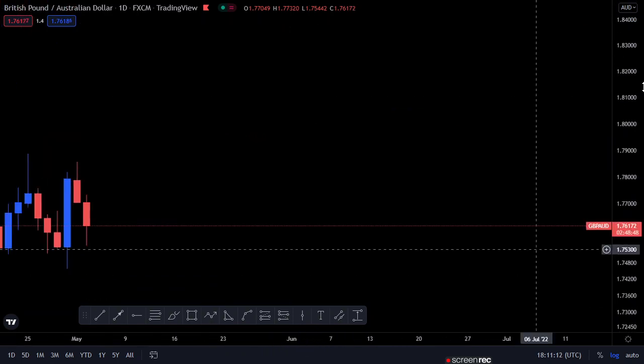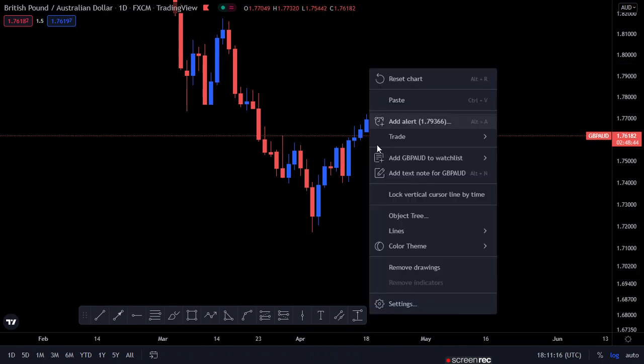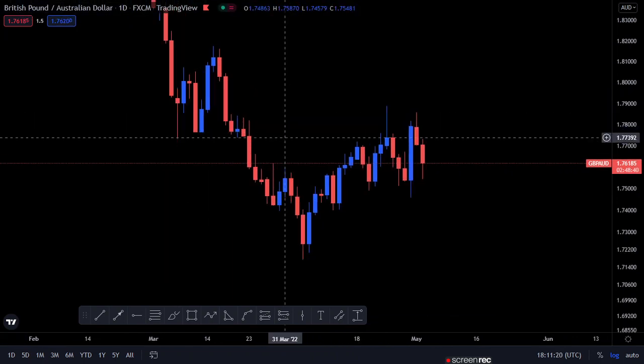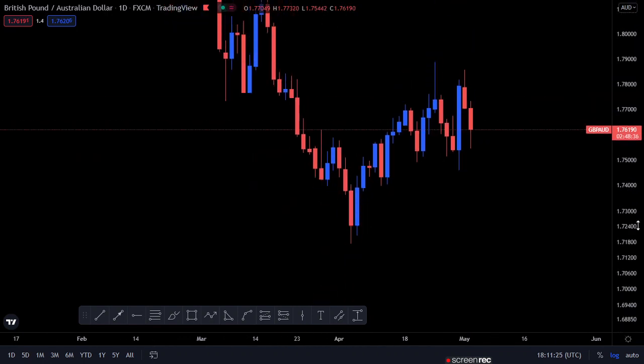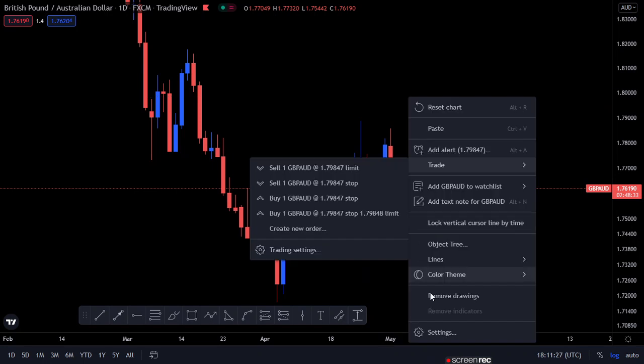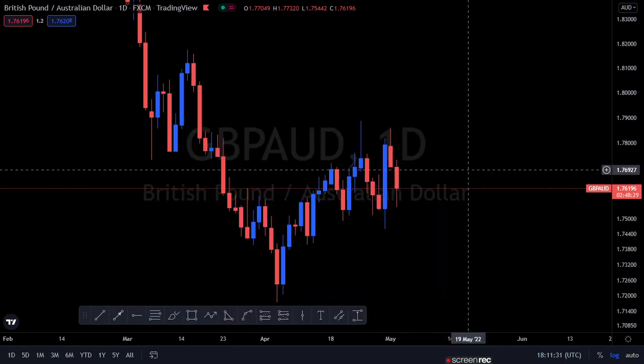Now let's go and use GBP AUD, the British pound against the Australian dollar. I determine my main structure from the daily time frame. Let me bring the watermark so that we can all see that we are analyzing on the daily time frame.